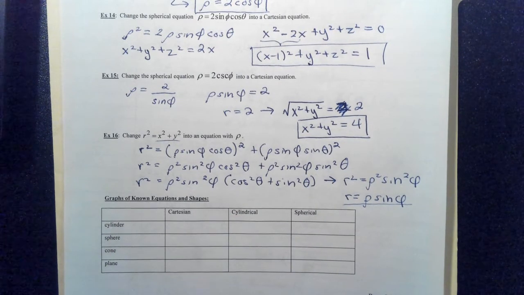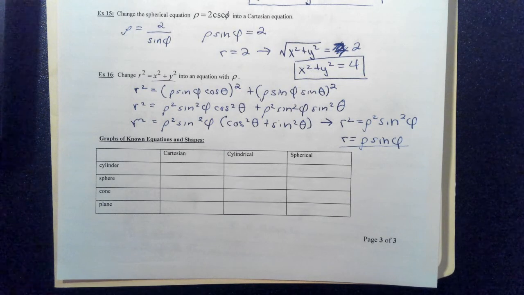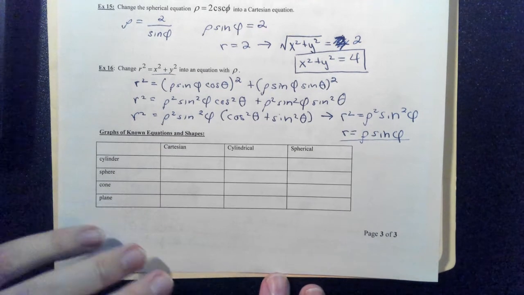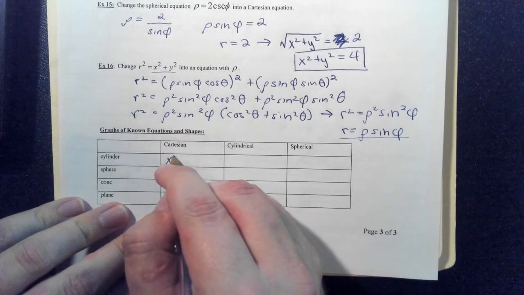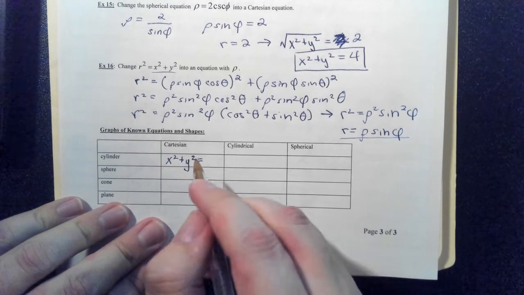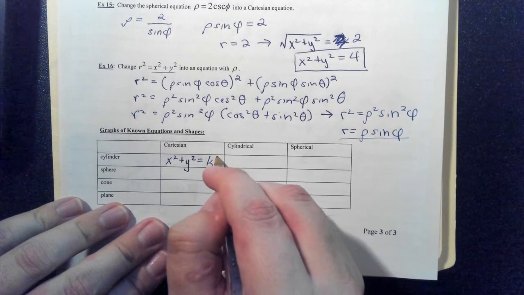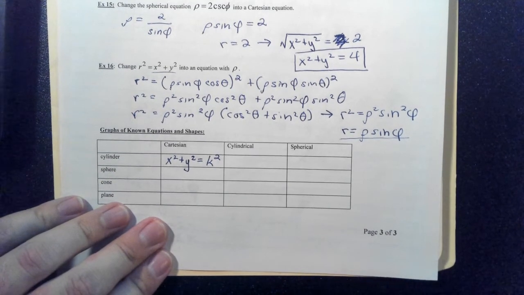All right. The last bit here to wrap up, if we consider the graphs of some known equations and shapes, or really surfaces is the proper terminology, if we think about this in Cartesian, the equation of a cylinder would be, for instance, x squared plus y squared equals, I'll use k squared to represent the radius. I can't use r, since we're about to use r to mean something else.